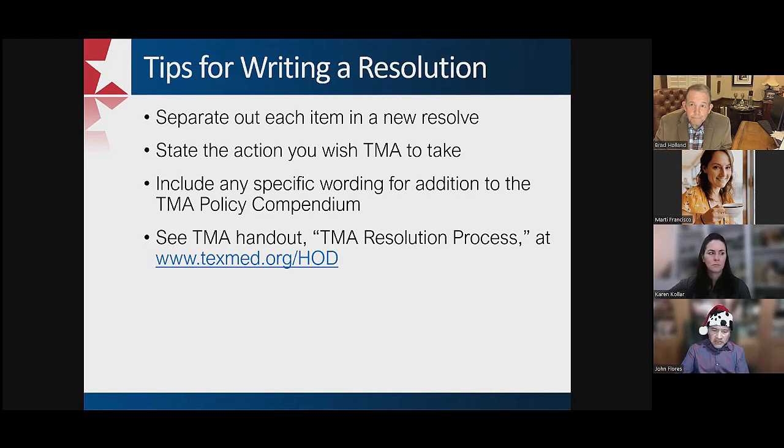Something else is that when you write policy, you need to realize this is going to be very broad. We want policy that is broad. For instance, you might want to say Blue Cross Blue Shield should pay physicians in North Texas $500 to see a new patient.